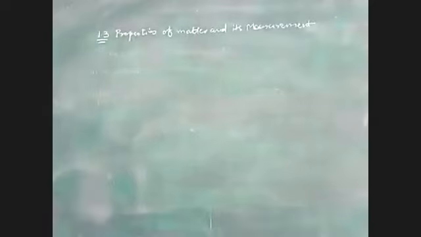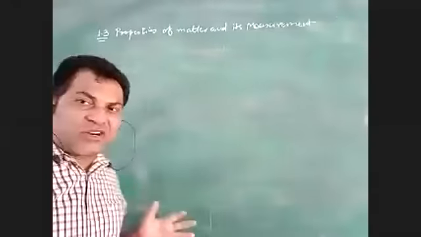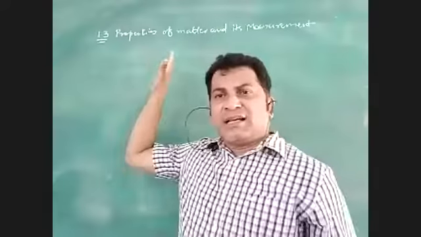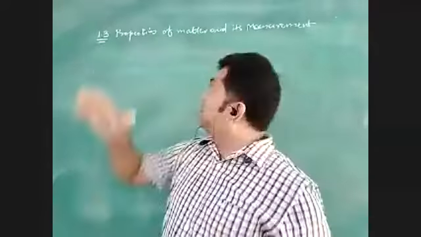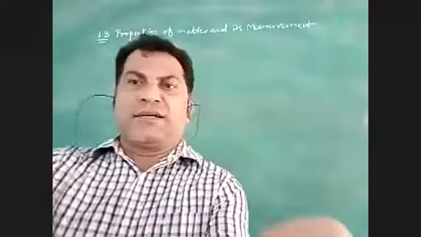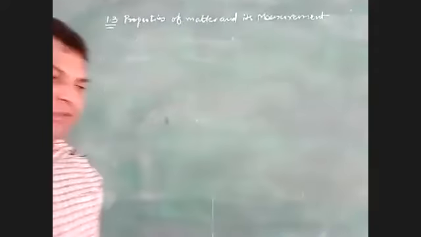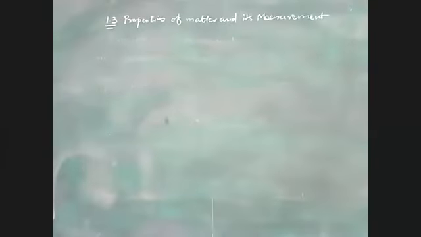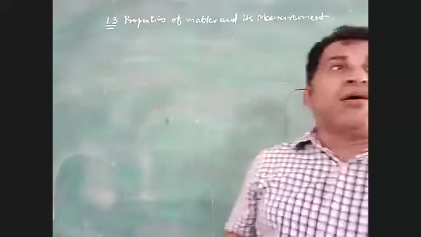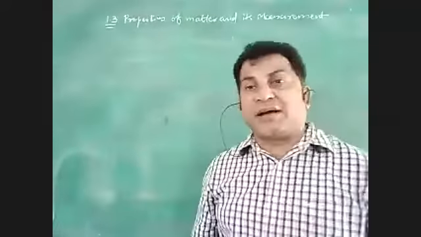If you are not able to listen or read, then no problem, because it is only written there: properties of matter and its measurement. Okay, you can understand this very nicely in a few minutes. Now first, what are properties? Dear students, I explained to you that properties mean the shape, size, also its boiling point, melting point, and lots of things we can say about the properties.